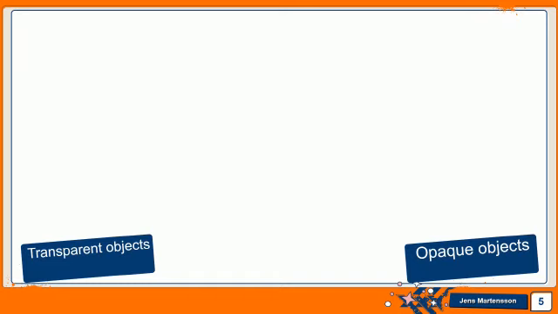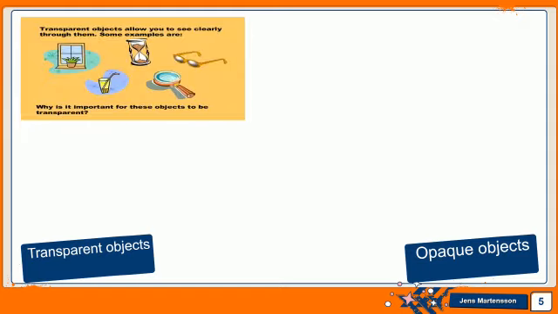Let's see some more example of transparent and opaque objects. As we have learned, transparent objects allow us to see clearly through them. So some examples are window, glass window, glass, magnifying glass, glasses, and sand timer or glass.